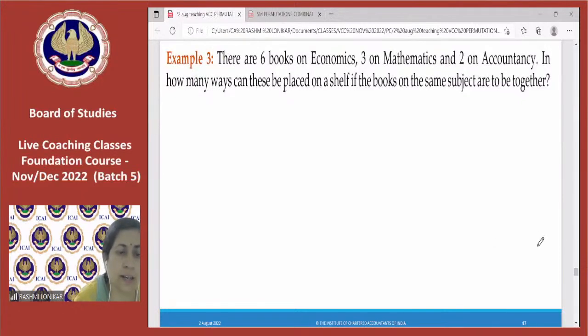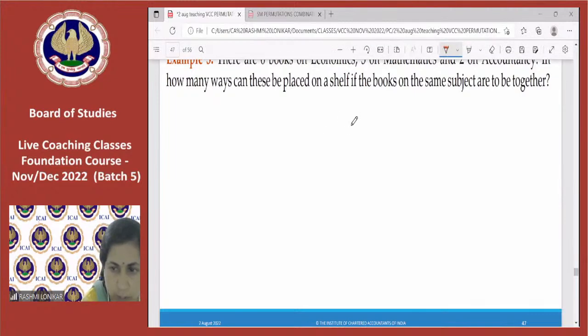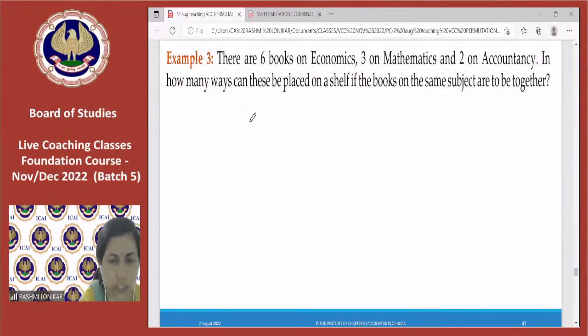Now next, there are 6 books on economics, 3 books on mathematics, and 2 on accountancy. In how many ways can these be placed on a shelf if the books of the same subject are to be kept together? Now, this is my shelf.